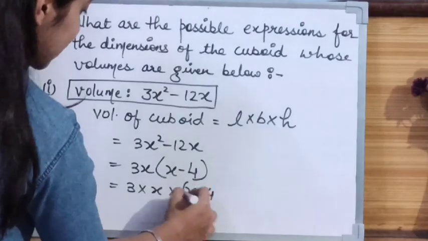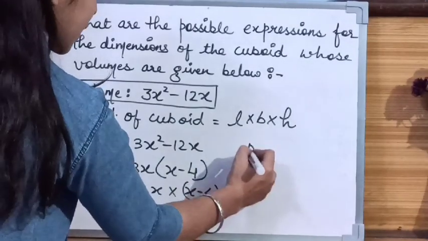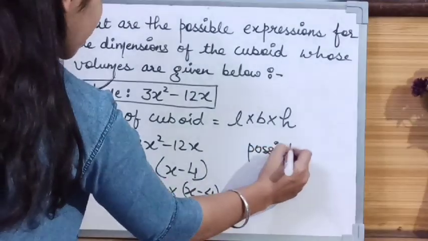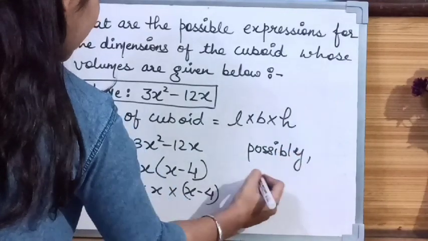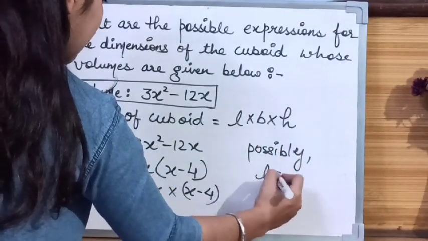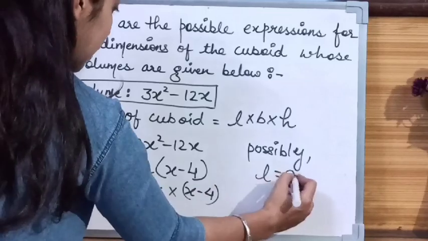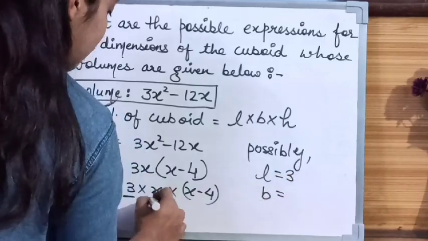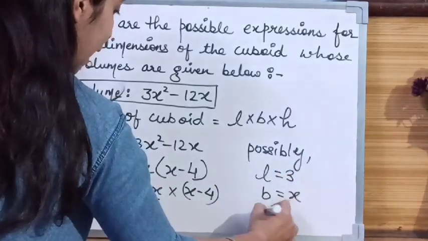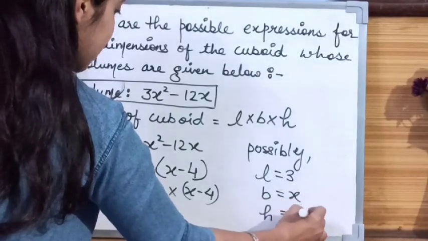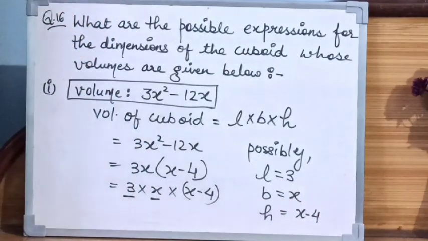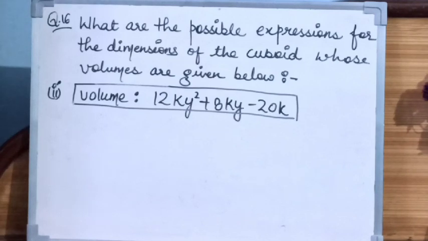So possibly here the length will be the first factor, that is 3, the breadth will be the second factor, that is x, and the height will be x minus 4.